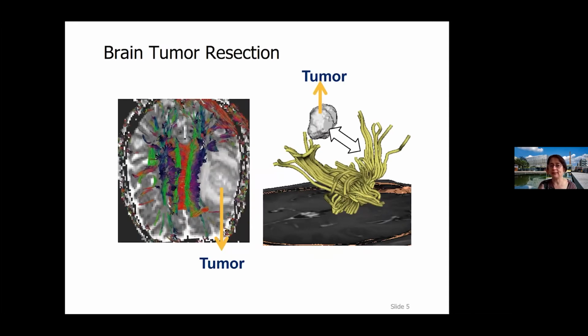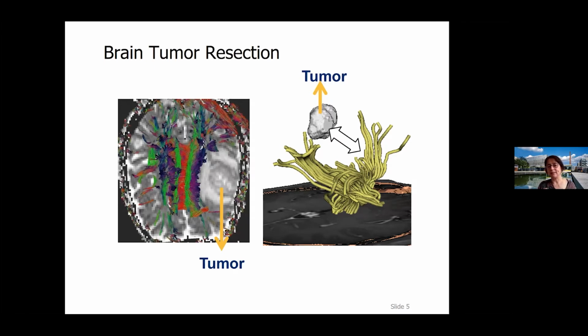This cabling of the white matter is important, for example, when we have tumor resection. A tumor has the tendency to move the white matter structures around, and it is not known in advance where these white matter structures are moving to due to a tumor. Without being able to visualize them, the surgeons are left to guess where the fibers have gone, or to do awake operations to detect where they are.